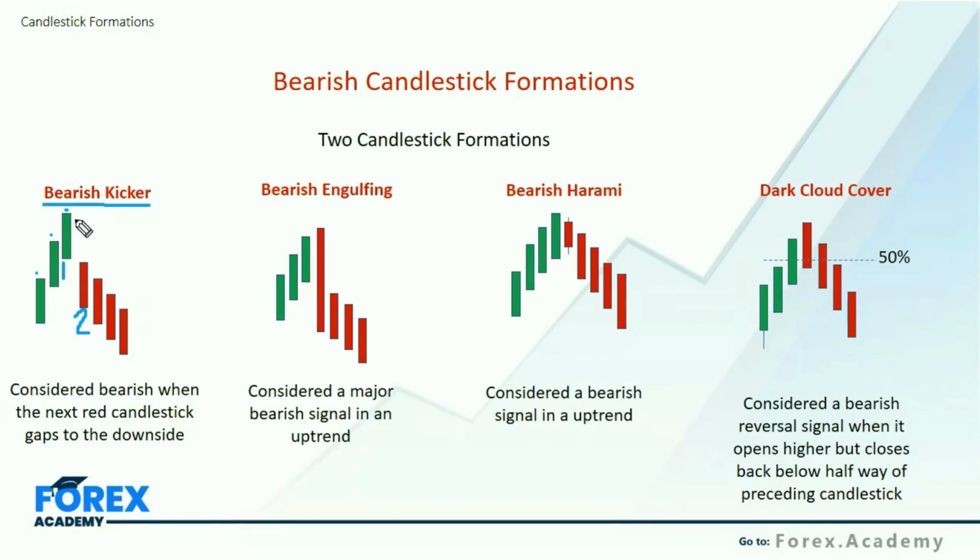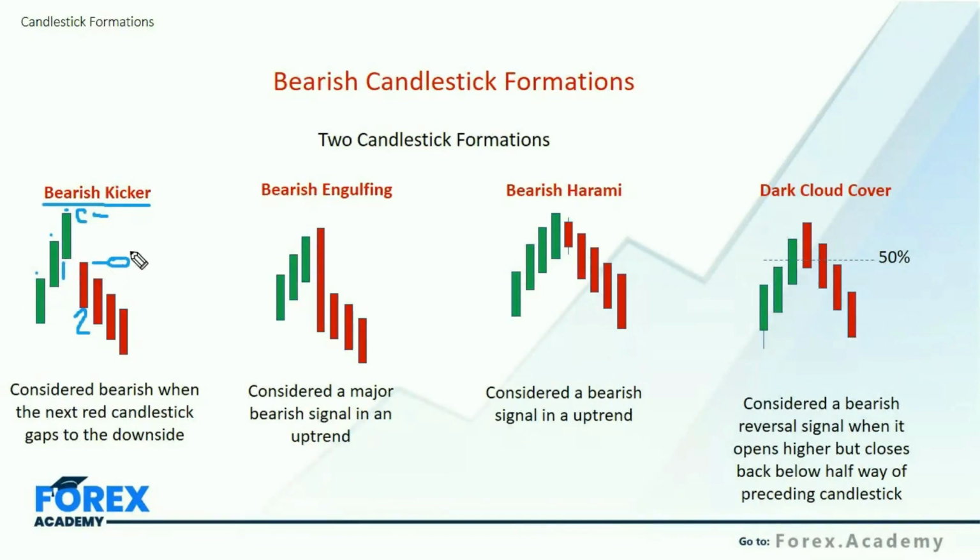What we're actually seeing is the market close so much higher, and then it gaps lower. So we open considerably lower than the close of the previous candle, and it actually opens beneath the open of the previous candlestick.